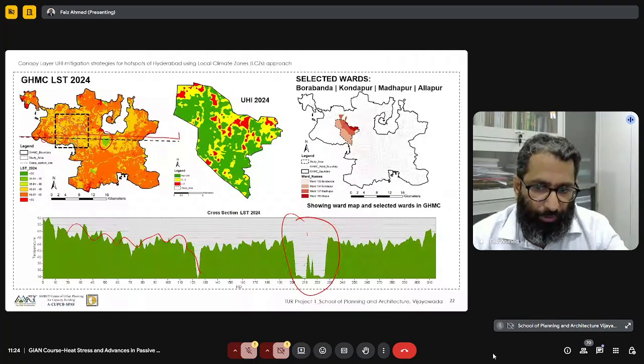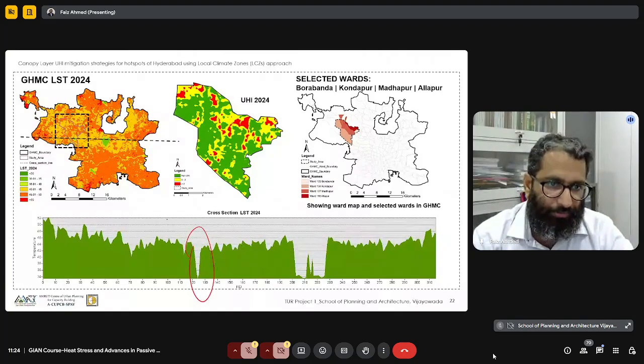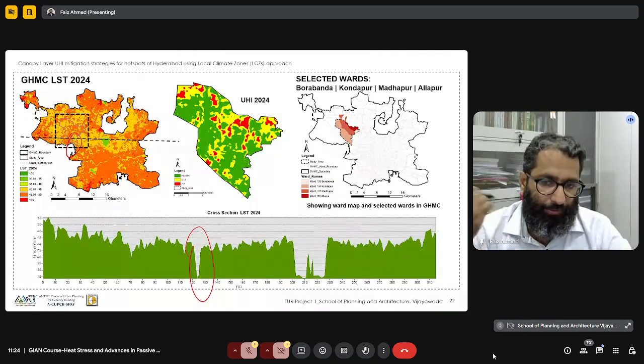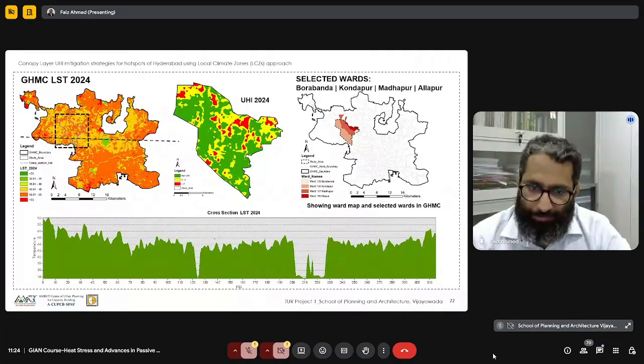You can see how a water body can bring the surface temperature down significantly. You can see there is a dip in surface temperature. Also, you can see how because of the green cover the variations can also be brought. This is understandable, green and blue.